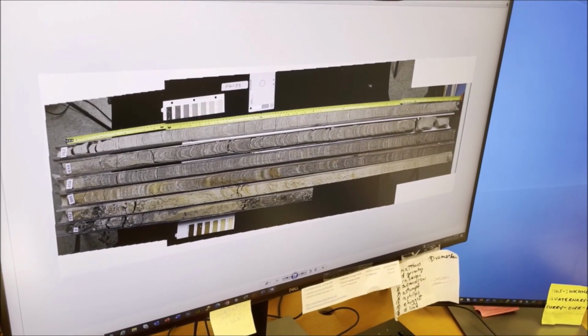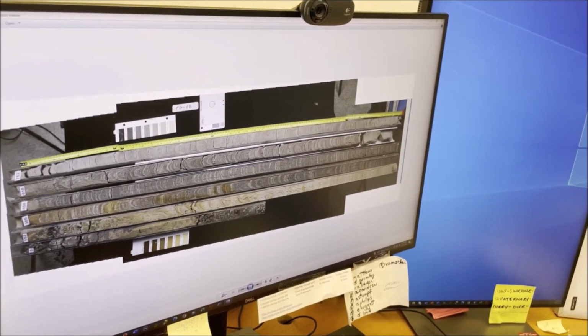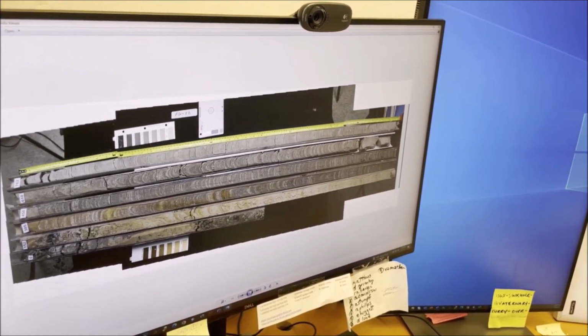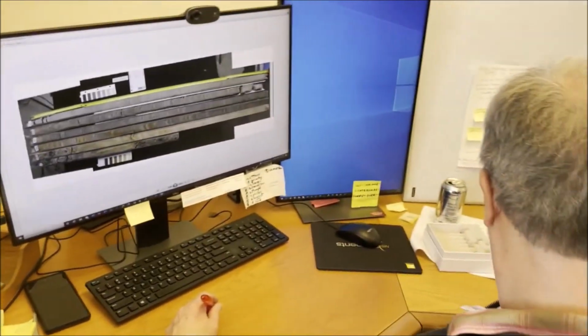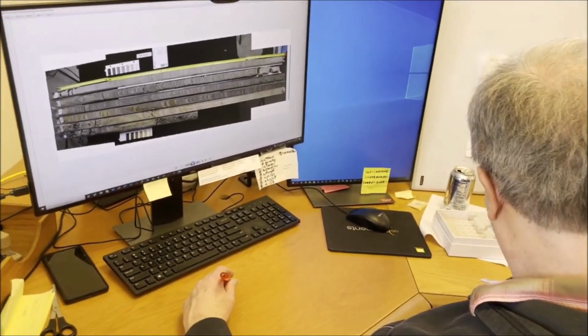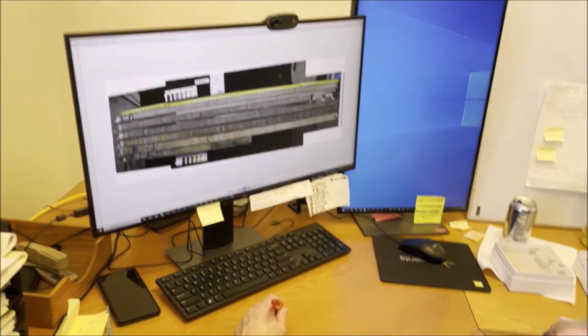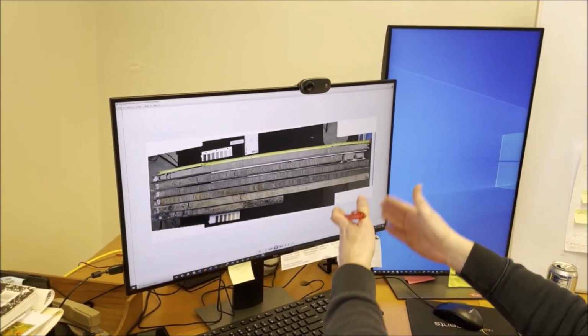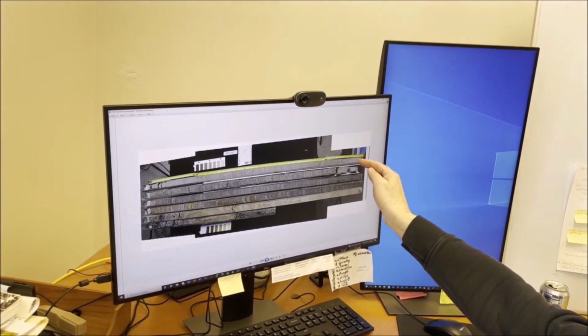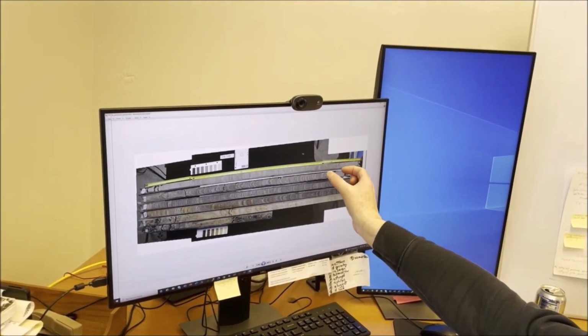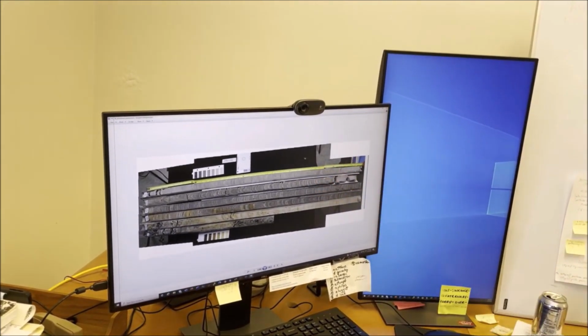So what I did was every 5 centimeters, I think it was. Let's see. 584, 594. So 10 centimeter thick pieces. So from red to red, about that much core. Each of them yielded.